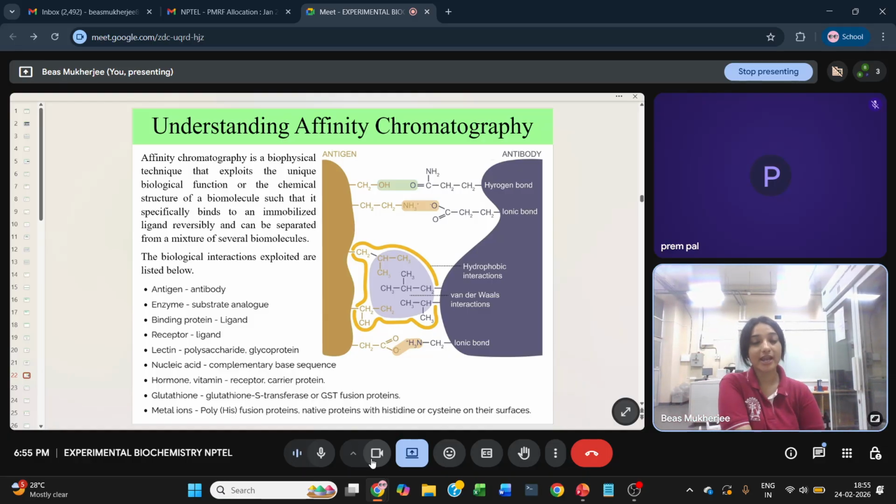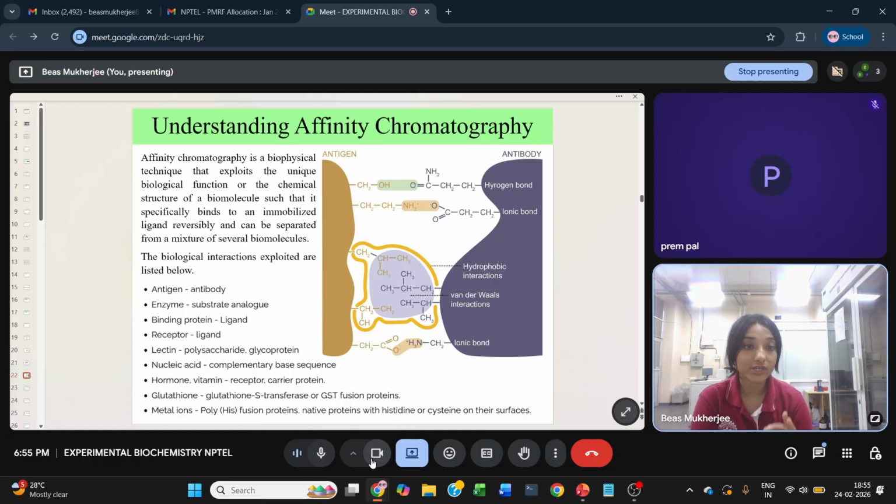Then we have receptor ligand interaction. Then we have lectin and polysaccharide or glycoprotein, right? Then we have nucleic acid and complementary base sequence. We have hormones and vitamins and receptor carrier proteins. Glutathione and glutathione S-transferase, which is an enzyme. Metal ions, nickel and cobalt.